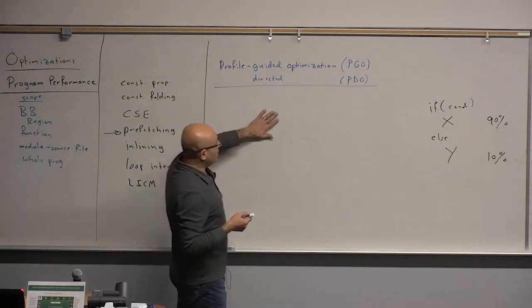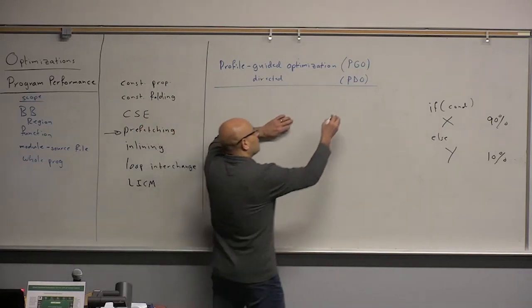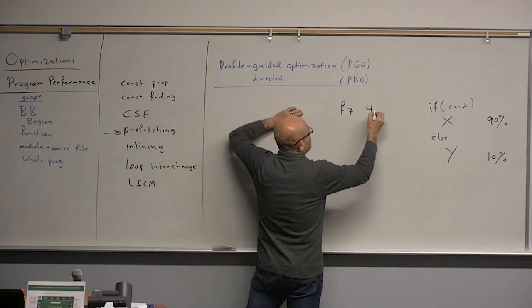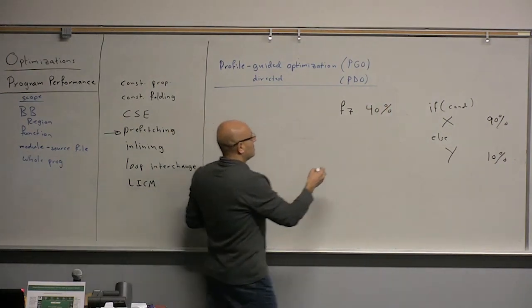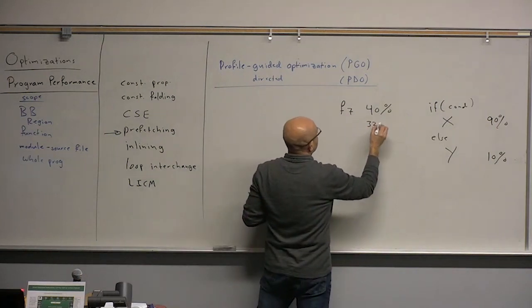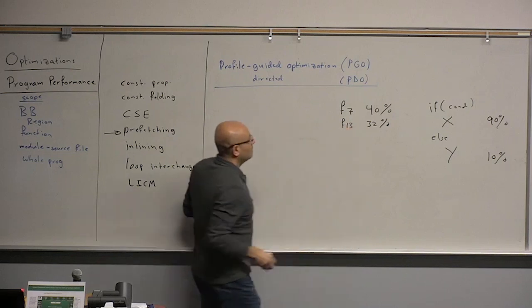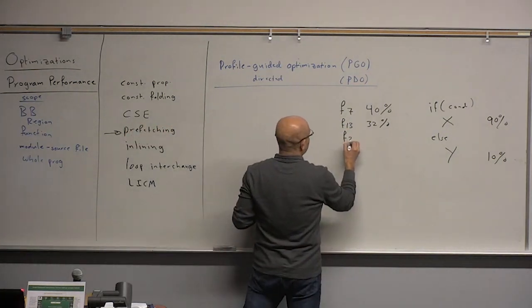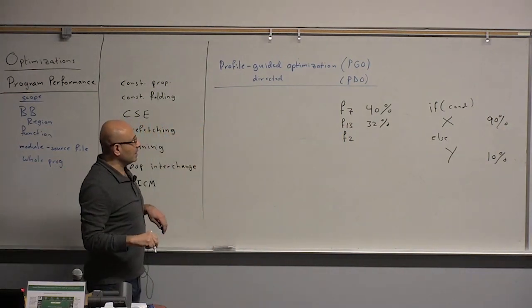So we would like the profiler to tell us something like, the program spends 40% of its time in function 7. And it spends 32% of its time in function 13. And then function 2 is the next function in terms of hotness.